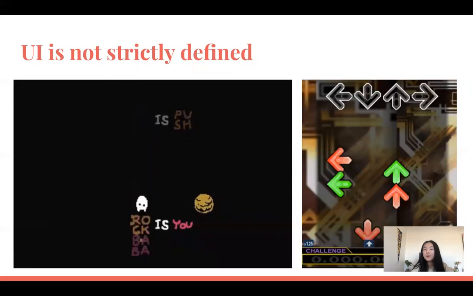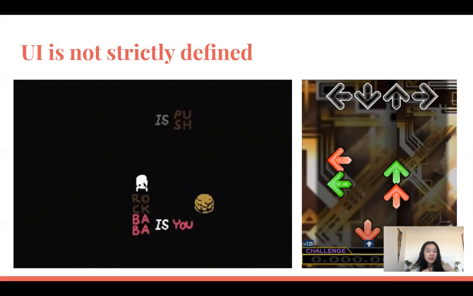And something to note is that UI is not strictly defined. So I mentioned the 4 broad categories of UI, but there are actually ways that you can move around that. An example of this is in Baba Is You in this little GIF on the left. So this game is showing how you can change the game flow based on what you do.